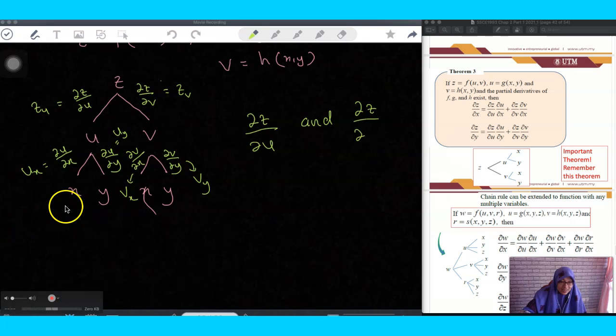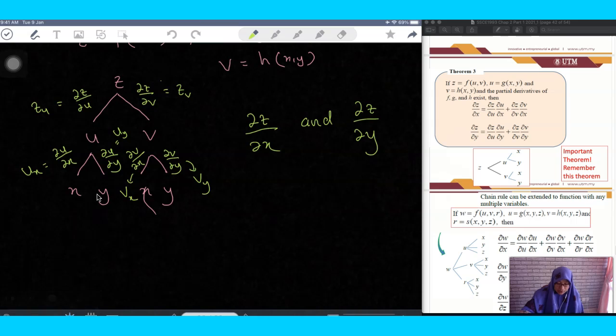The last one, the lowest parameters, is x and y, not u and v, sorry. So the lowest parameters are x and y. That's why you have this chain rule here, because your lowest parameters are two, more than one. Last time you had only t, so you had dz over dt, just single.